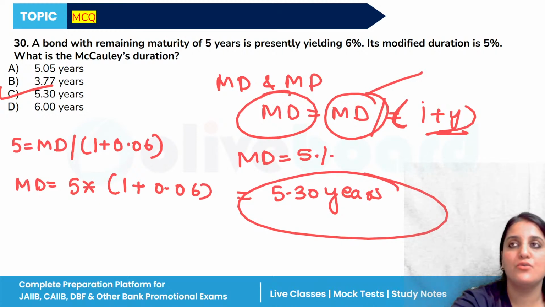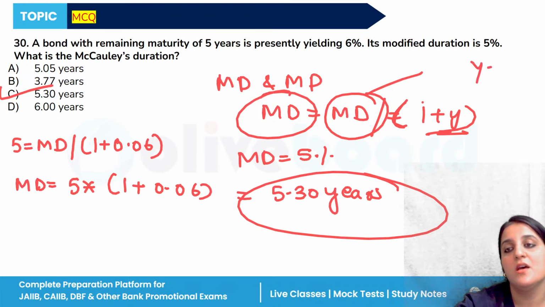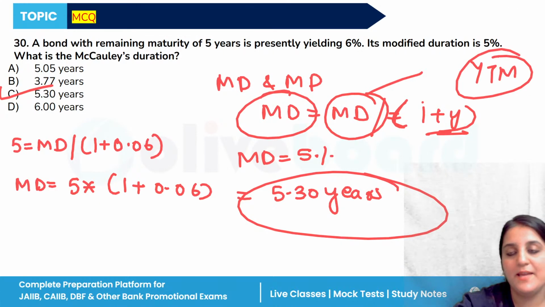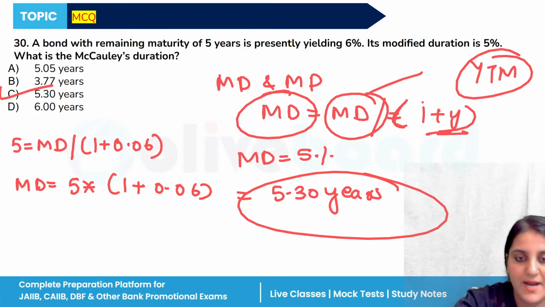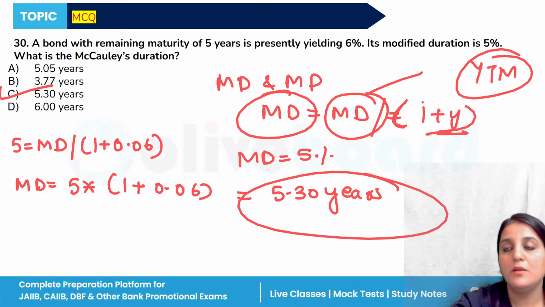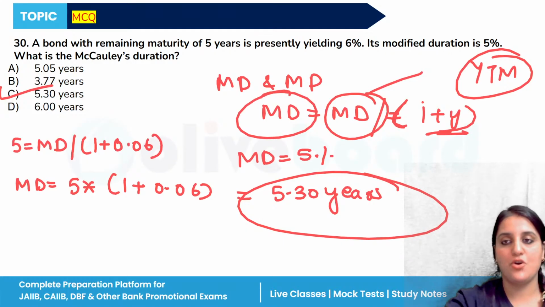Also yield to maturity, in short YTM, is the total expected return on a bond held to the maturity, and it takes into account the bond's coupon payment, purchasing price, and the price at the maturity.